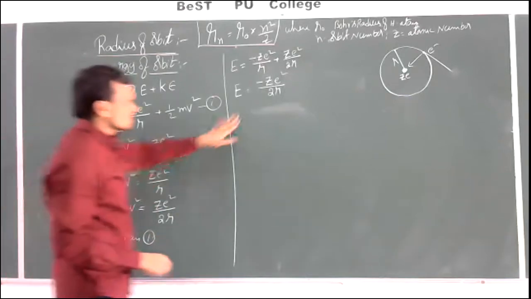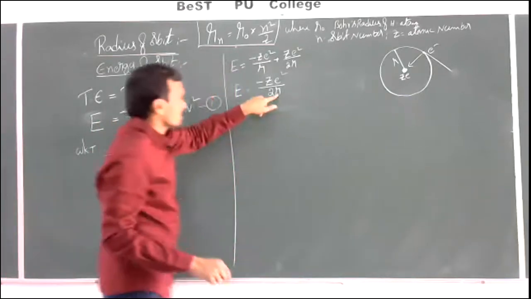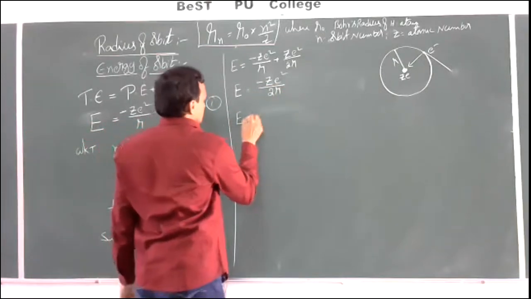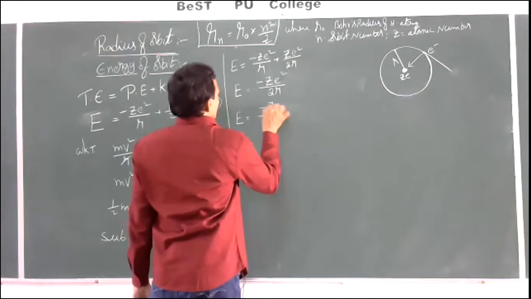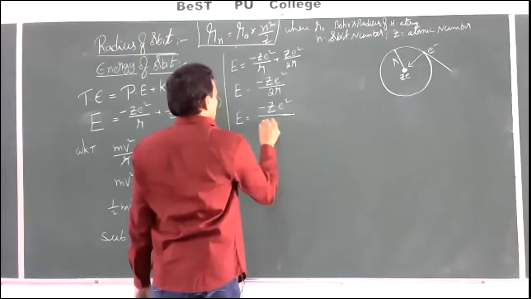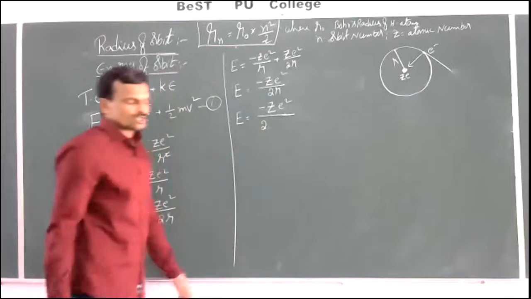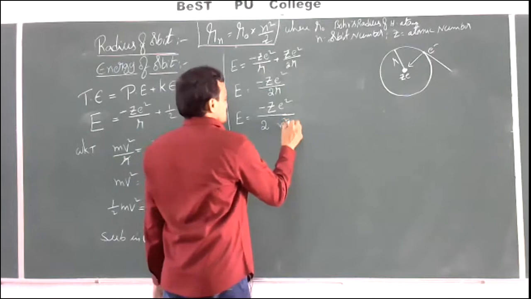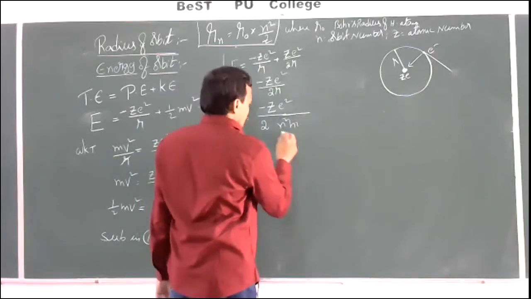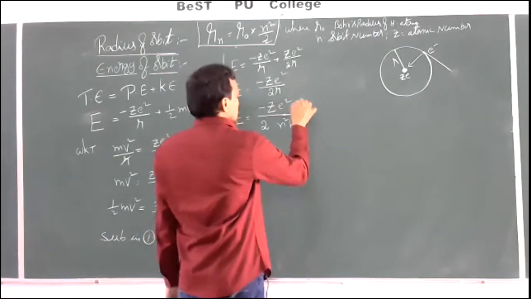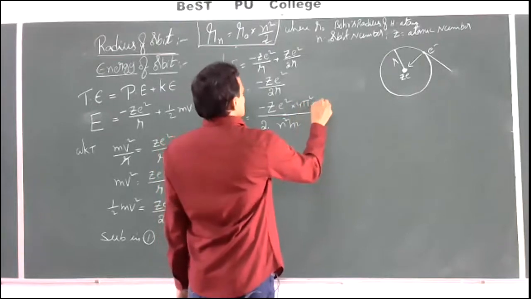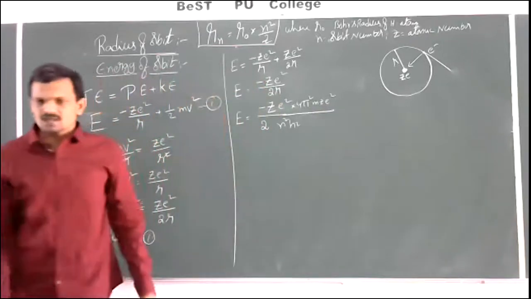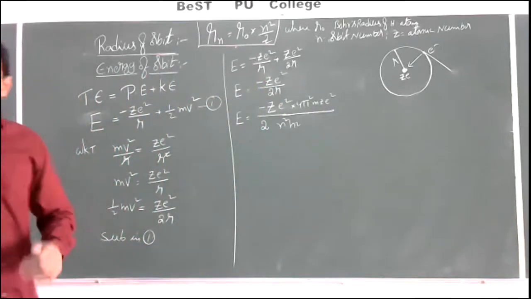Now substitute here the expression of r that you have derived. Therefore, E is equal to minus Ze square by 2 into the expression of r. So r is nothing but n square h square divided by 4 pi square m Z e square.